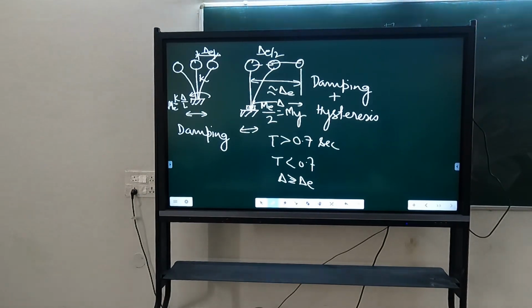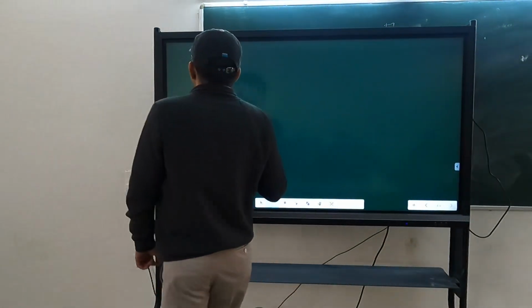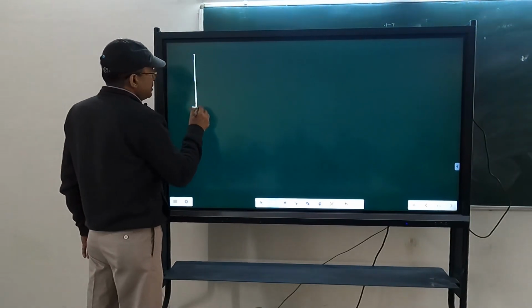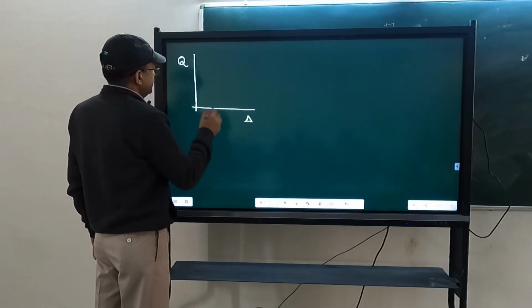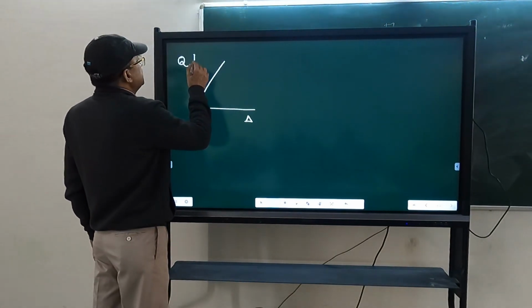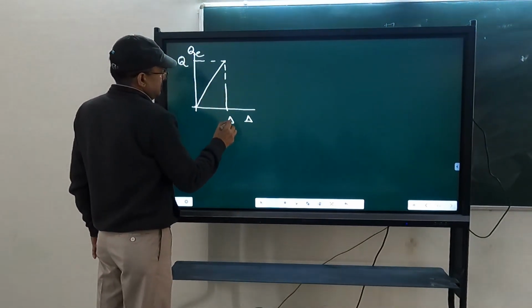That's good. I have drawn the diagram to explain the equal energy principle and the equal displacement principle. You will draw the diagram, then you will do it. So for those who have not done it last semester, if I plot Q versus delta for an elastic structure, the relationship will be linear.